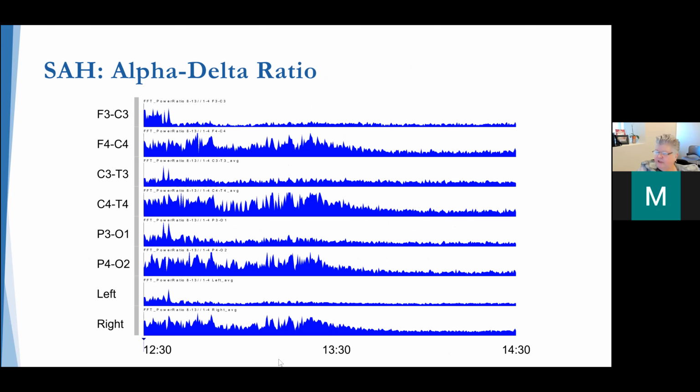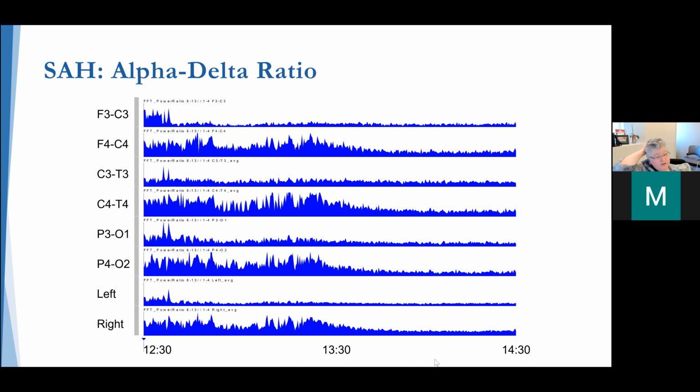So here's an example of a patient, again, looking at alpha delta ratio over the left versus right, frontocentral, centrotemporal, parietal occipital. We can see a sudden initial decrease in the alpha delta ratio over the left hemisphere. And then about an hour later, over the right hemisphere as well.